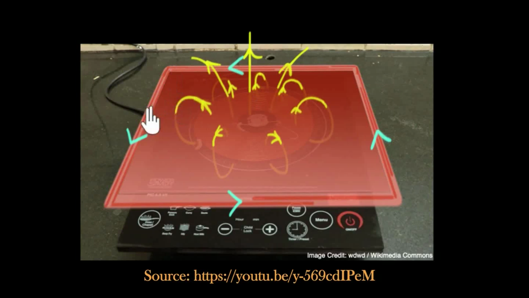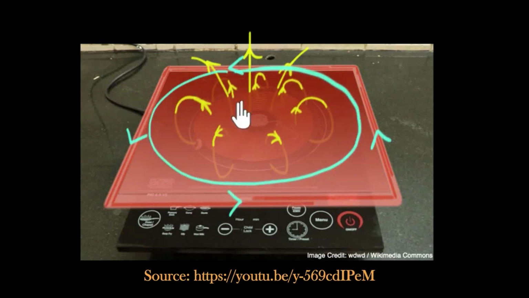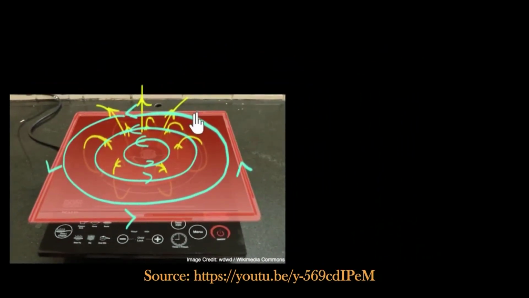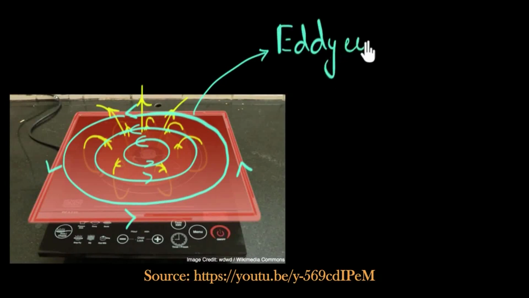But earlier, there was only one path for the current to flow, and now the entire thing is a conductor. The whole thing is a playground for the electrons, which means currents will be formed in loops everywhere on the surface of this conductor. These loops of current, which are formed on the surface of a conductor due to changing magnetic flux, are what we call eddy currents.